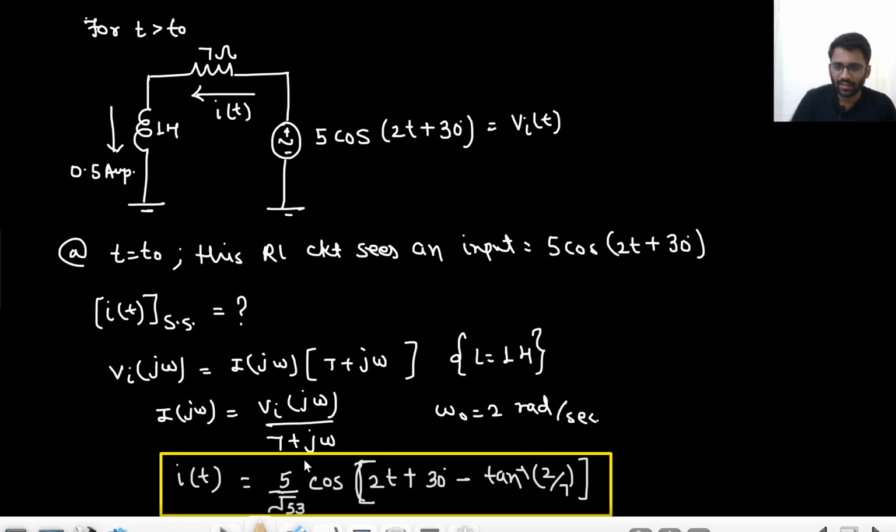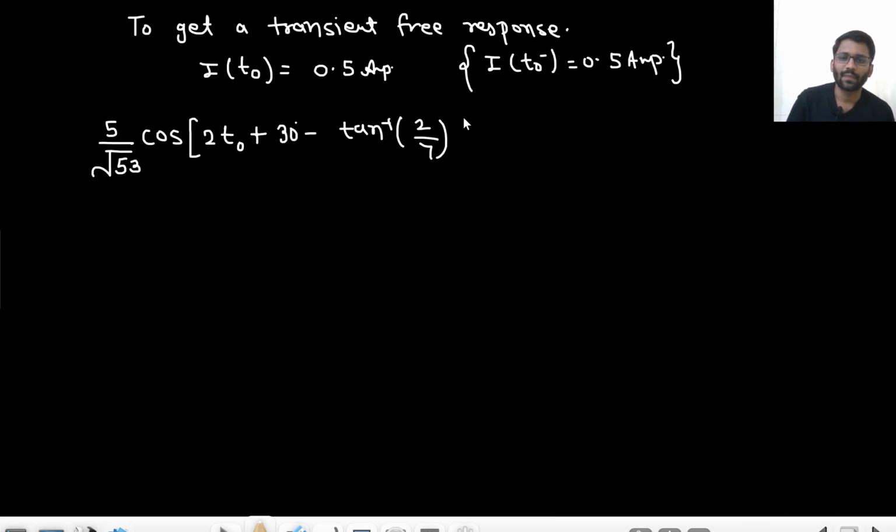If I am writing this correctly, omega naught is 2, so the angle will be tan inverse 2 by 7. This should be equal to 0.5. So from here I can get the value of t naught, but make sure this is in degree, so you need to convert it into radian. So instead of 30 degree I will be writing pi by 6, right?